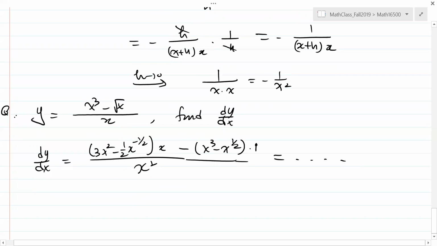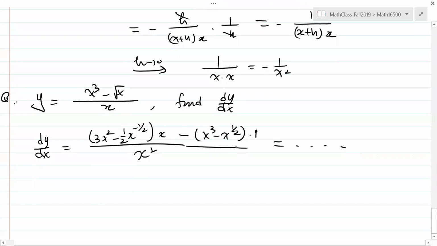So what you should do is express it as a sum of power functions, because the term in the denominator is just a single power function, to avoid using the quotient rule. So that would be x squared minus x to the negative 1/2, because 1/2 minus 1.